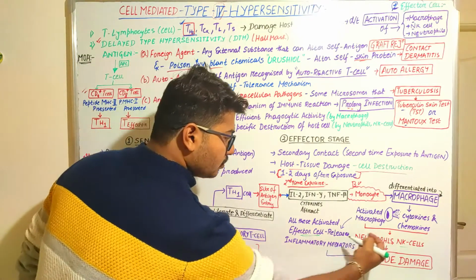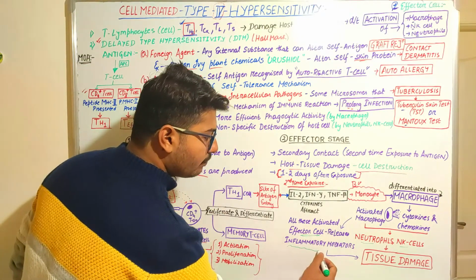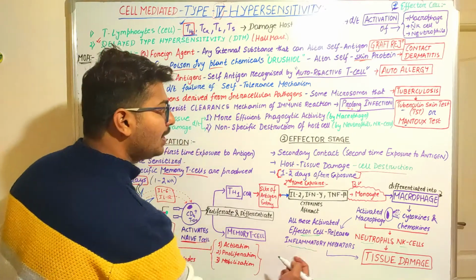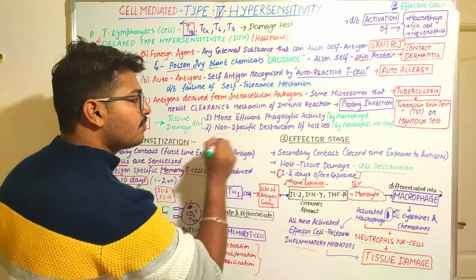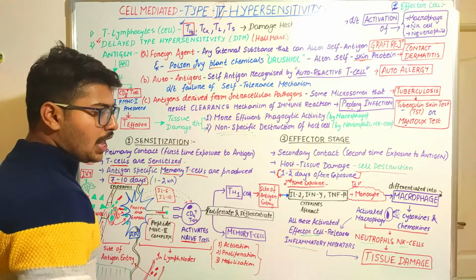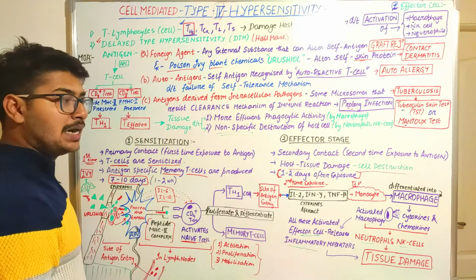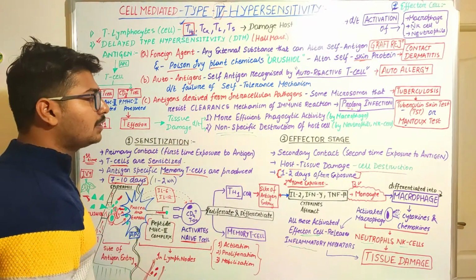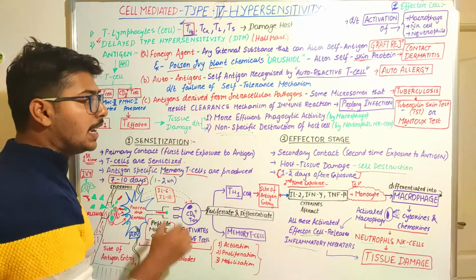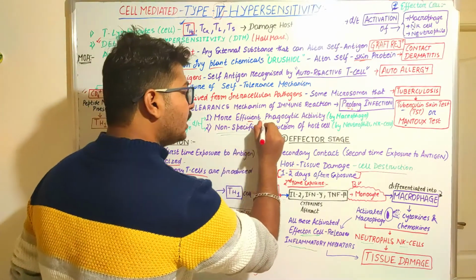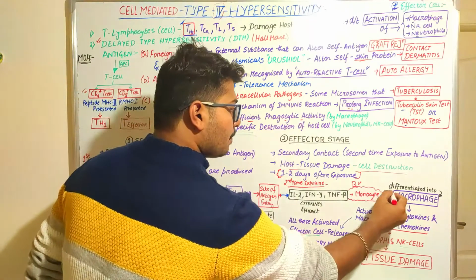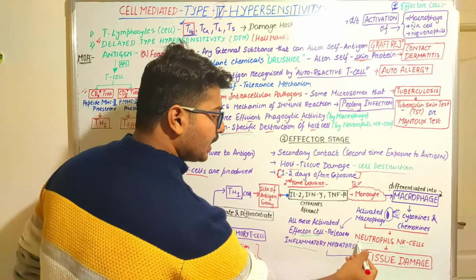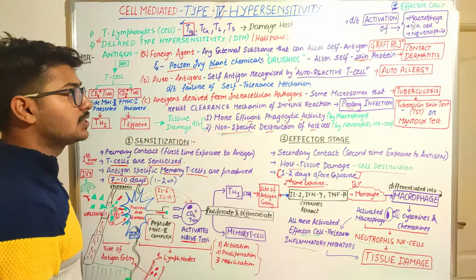These effector cells are going to produce the inflammatory mediators, and the inflammatory mediators will result in the non-specific destruction of the host cell, and finally the tissue will be damaged. So from this we understood that the tissue damage mostly occurs due to more efficient phagocytic activity by the macrophage and non-specific destruction of the host cell by these neutrophils and natural killer cells.